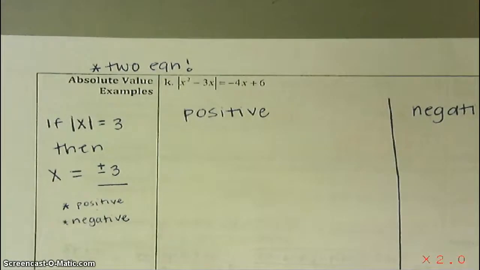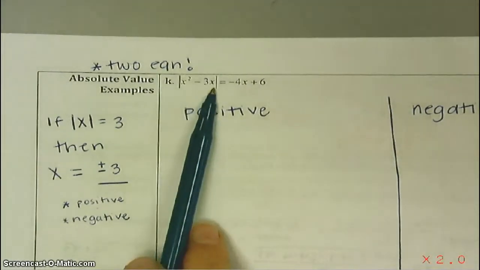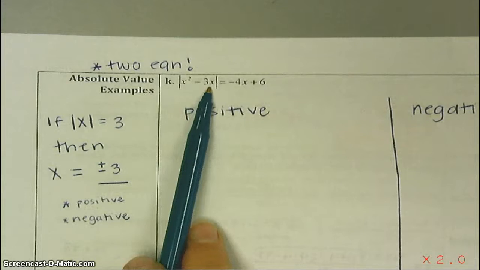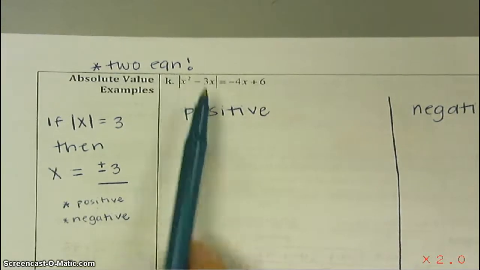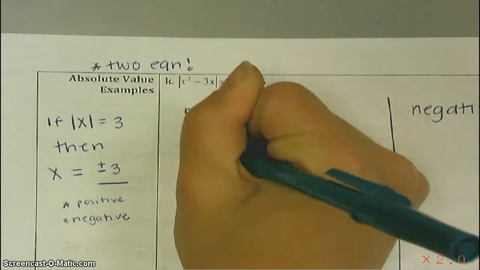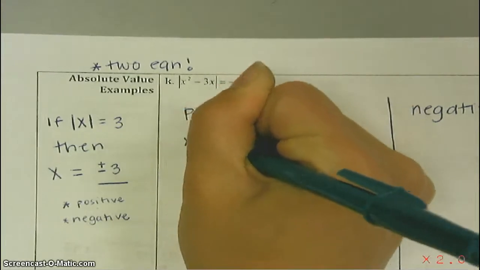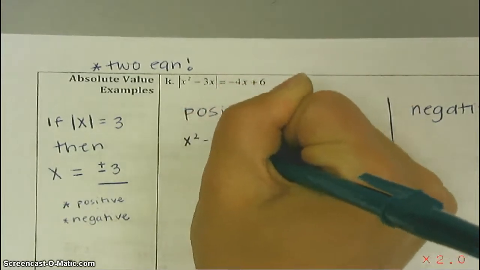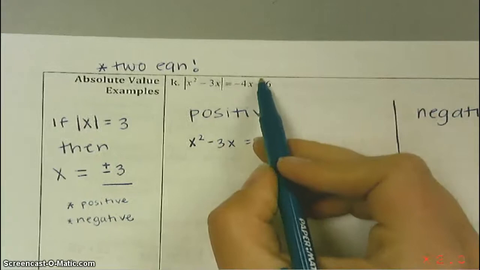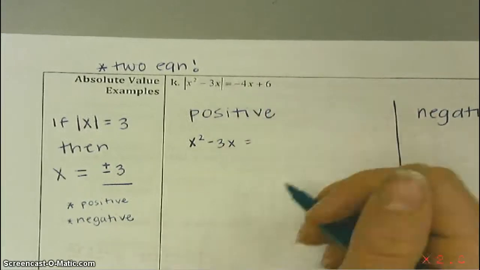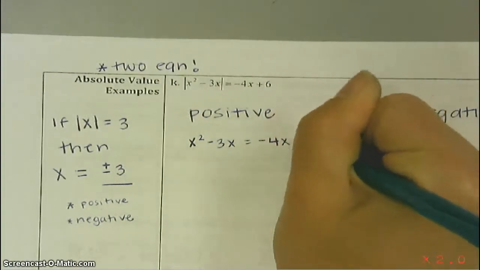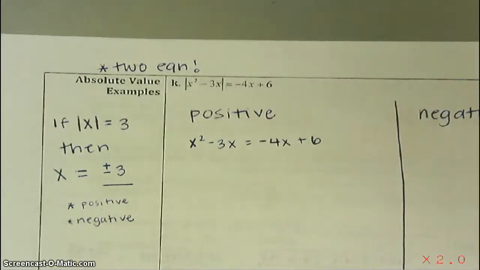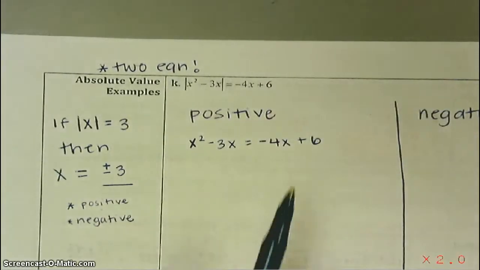One is the positive, and really all you do is you take what is written on the inside of this absolute value, and you just rewrite the absolute value part, but with no absolute value sign. So this is just going to be x squared minus 3x is equal to, and then you just keep this as written, negative 4x plus 6. So that's pretty easy to set up the positive side.